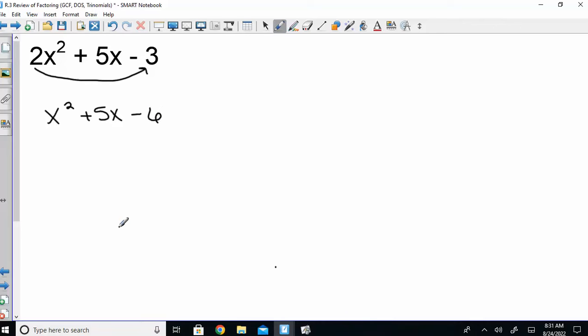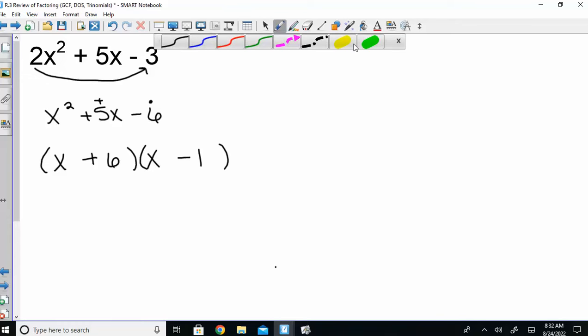Now this is like the problems we just got done doing. So x squared would break into 2 parentheses. They need to multiply to a negative 6 and add to a positive 5. 6 and negative 1. Okay.